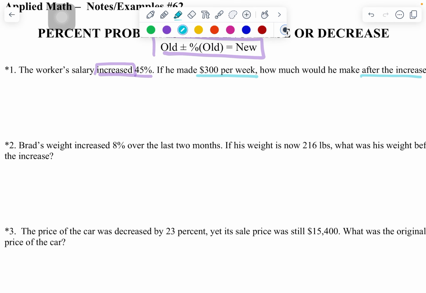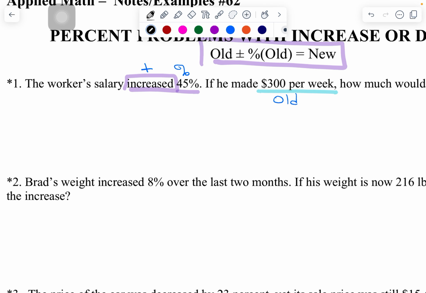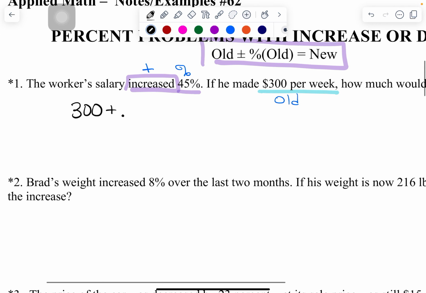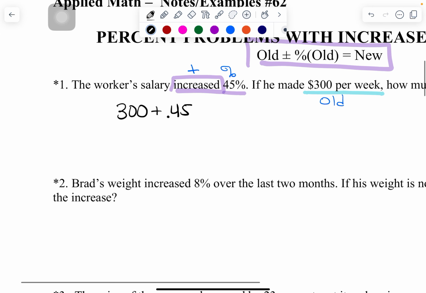So I know the old, I know the percent, I know the increase is going to be plus, because when we look at this problem, it says plus or minus, and what we're trying to figure out is the new, okay? So old is $300, so 300 plus the percent is 45%, but 45% is 0.45 as a decimal.